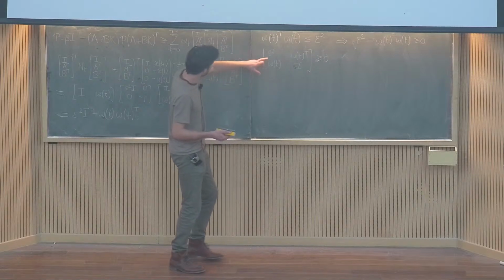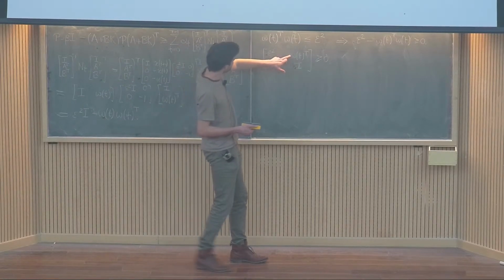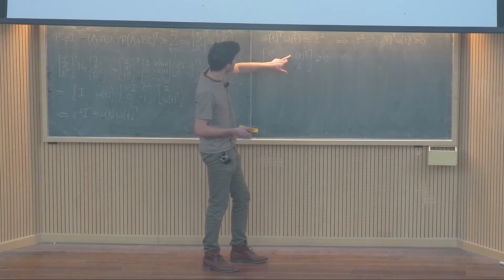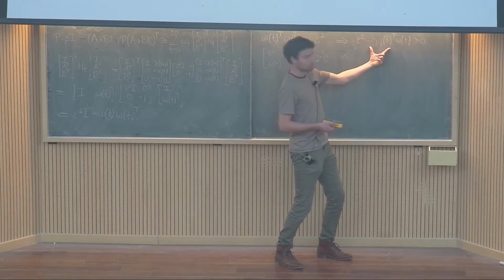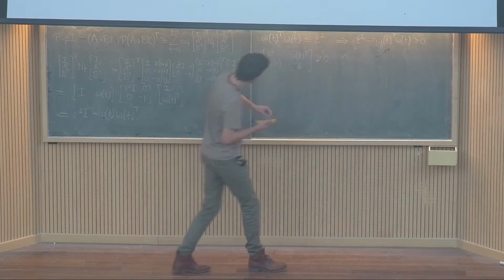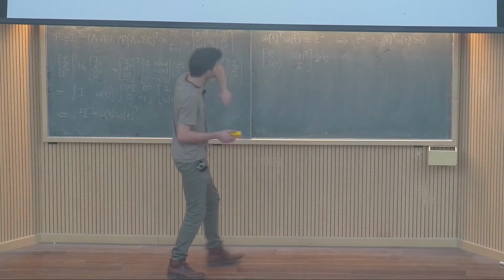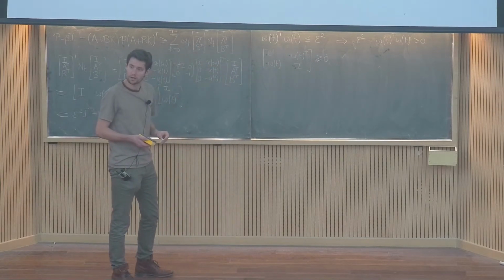But what is the Schur complement? Well, it's epsilon squared minus WT transpose, identity inverse, times WT, which is indeed greater or equal to 0. So the conclusion is that indeed this matrix over here is positive semi-definite.